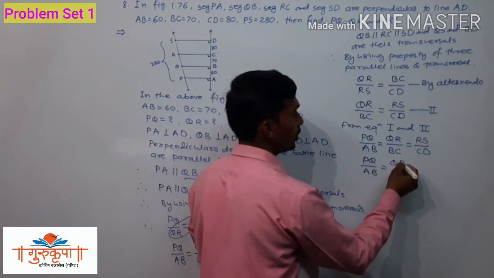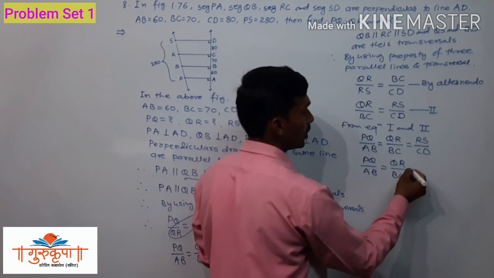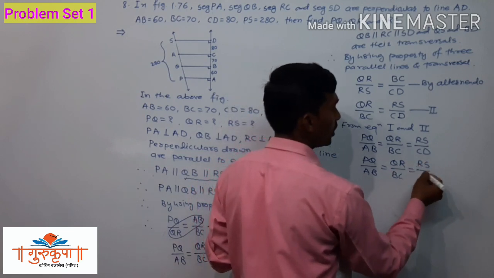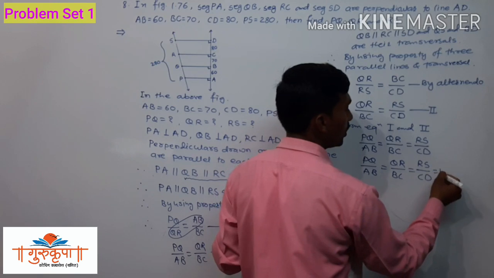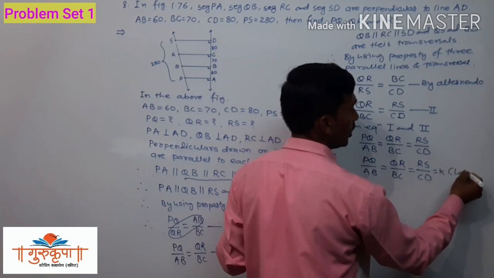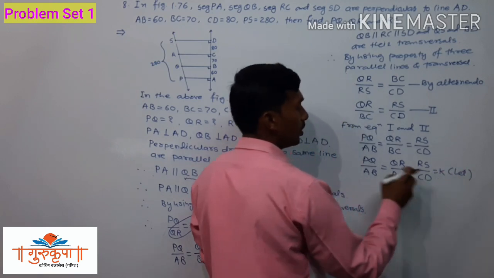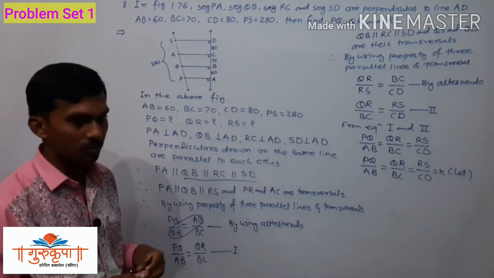Now here we can write PQ upon AB is equal to QR upon BC is equal to RS upon CD is equal to K. Suppose we take one more ratio there.